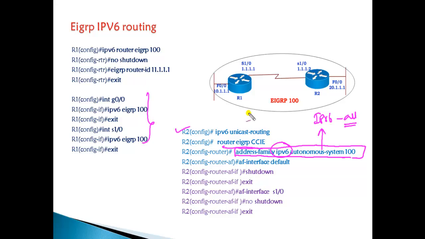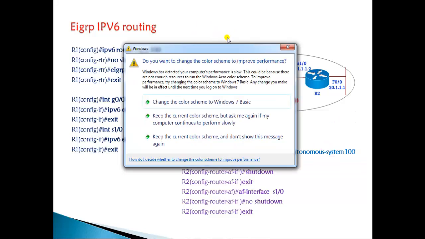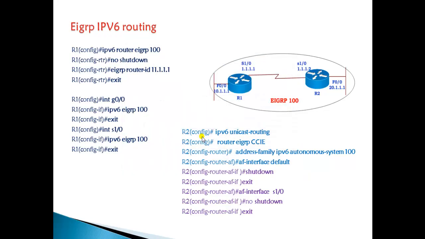And if you want to disable it on a specific interface, let me take an example. Let's say I have a router 1 which has 3 interfaces, S0/0, F0/0 and F0/1. I want to enable IPv6 only on 2 of these interfaces, but not on the third interface.